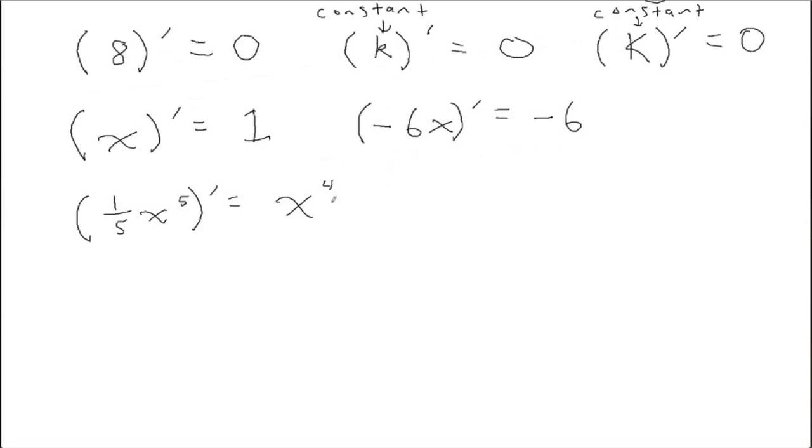Like this? Yep. How did you get that? We can use the power rule, and that would give us 5/5 x to the 4th, and 5/5 is just 1. Excellent. Very good. So here you're using the power rule. You were pretty much using the power rule up here too. If you just remember that the exponent is a 1, you could apply the power rule in those cases as well. Okay, good.